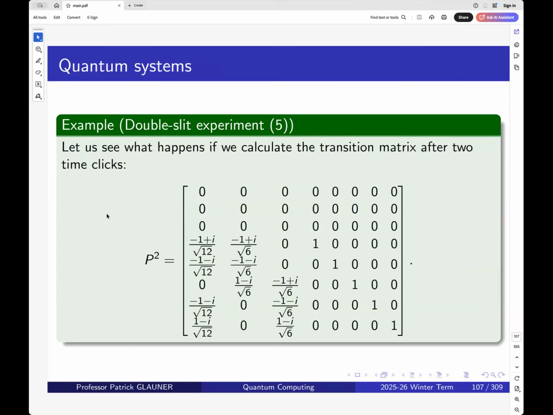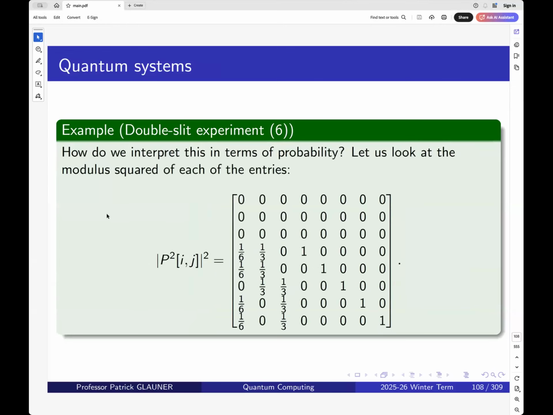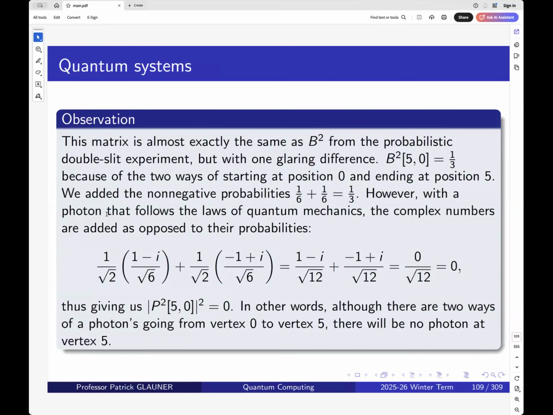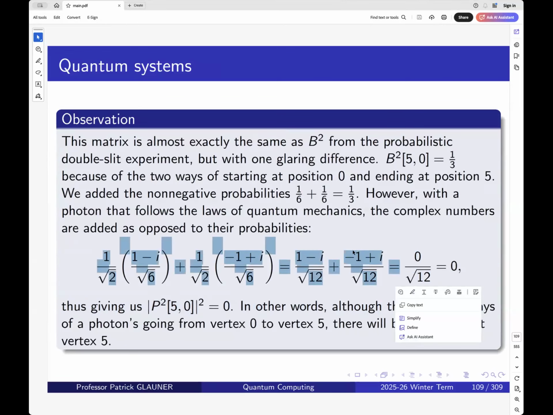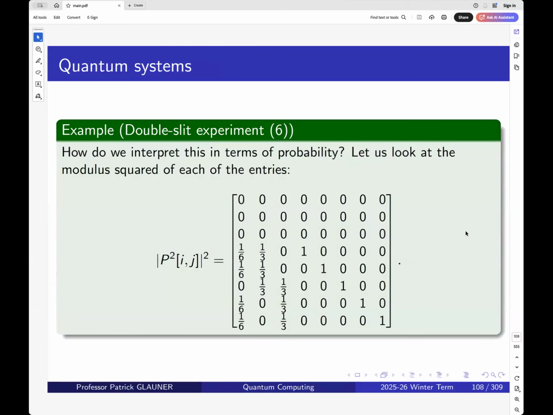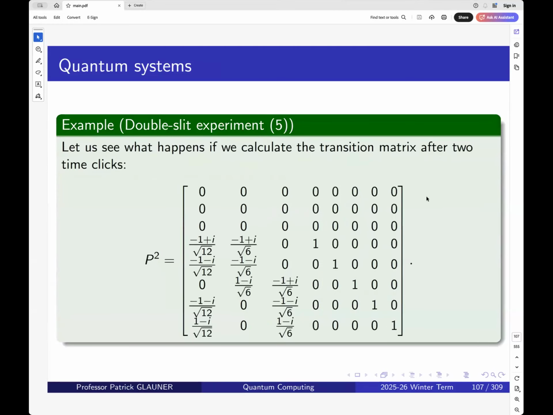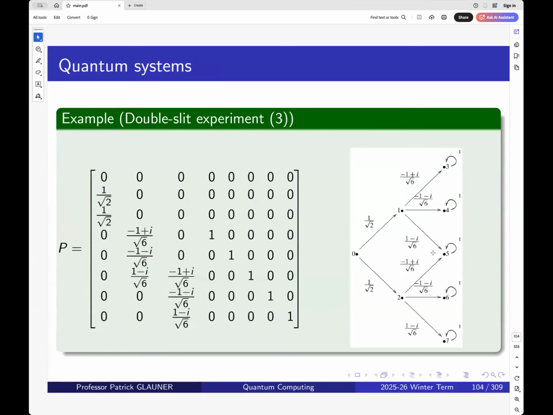And you can try this out. You can calculate P squared on your own. You will finally see something quite interesting. And I'm showing this also in here, what will happen. So if we have our start state, which is 1 and all 0, and I multiply it with P squared, the probability that the photon ends in our particularly interesting position 5, that probability is suddenly 0.